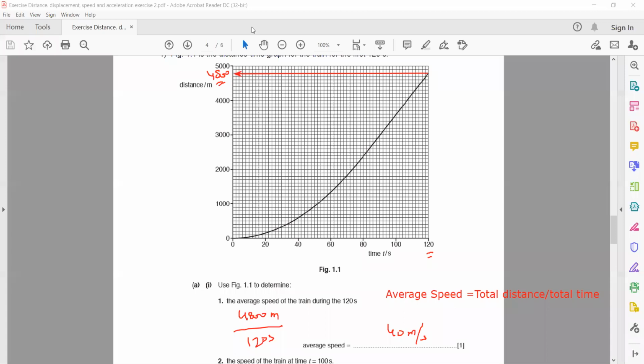Because each box is representing 100. As you can see, from 0 to 1000 there are 10 boxes. So if 10 boxes represent 1000, each box is representing 100. So this is 4100, 4200, 4300, 4400, 4500, 4600, 4700 and 4800. So one box is representing 100, that's why it is 4,800.